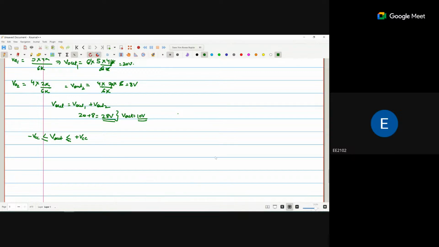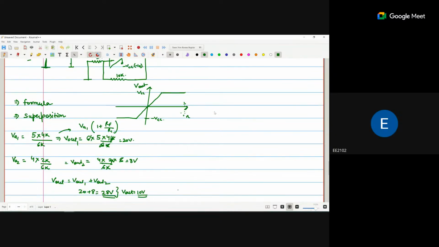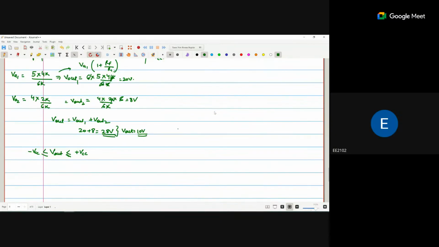So I am saying that if VCC is not mentioned in the question, we can calculate V out as any value that is possible: 28 volts, 30 volts, 40 volts, 50 volts. But if I mention that VCC is plus 10 and minus 10, the V out will come within this range.